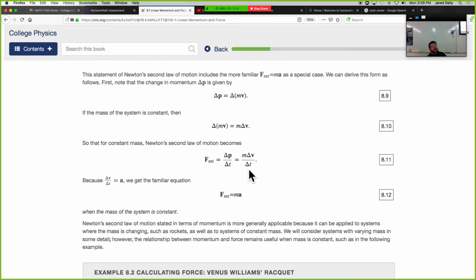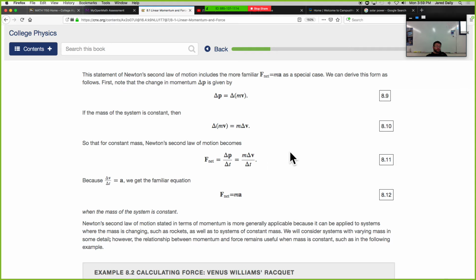So this gives us another equation right here. Net force equals a change in momentum over a change in time. If something's momentum changes in some amount of time, it will be due to a force. It's because a force acted on it, right? In other words, if something accelerates, it's because of a force. It's the same idea.